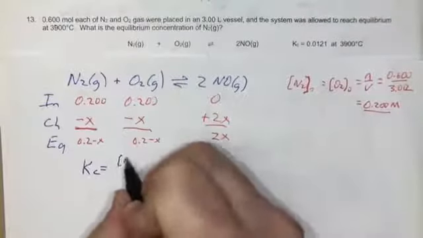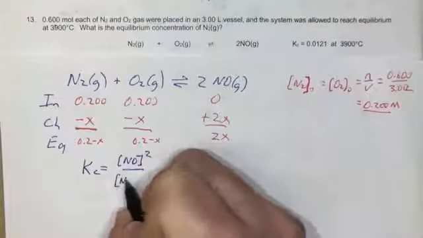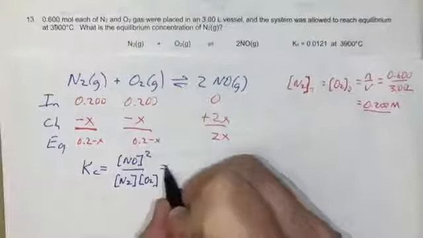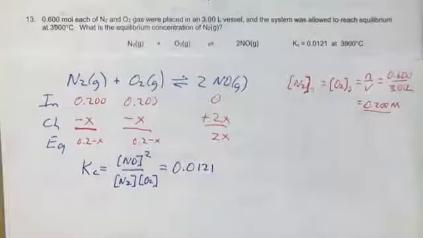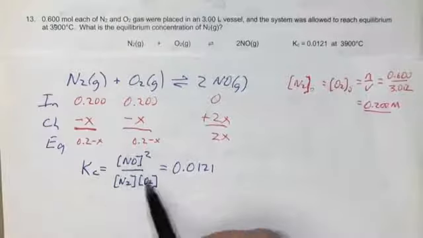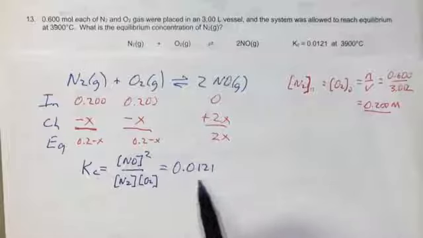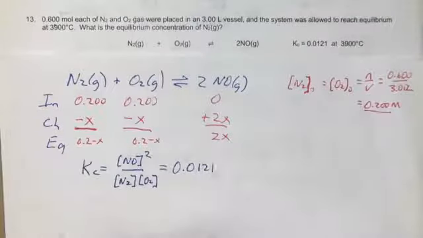Kc is the concentration of nitrogen monoxide squared divided by the concentration of nitrogen and divided by the concentration of oxygen. Kc is given. It's 0.0121. That's the value of Kc. So this is only true at equilibrium. When you divide these out, it only equals 0.0121 if the system is at equilibrium. So take these values from the EQ line and let's plug those in.